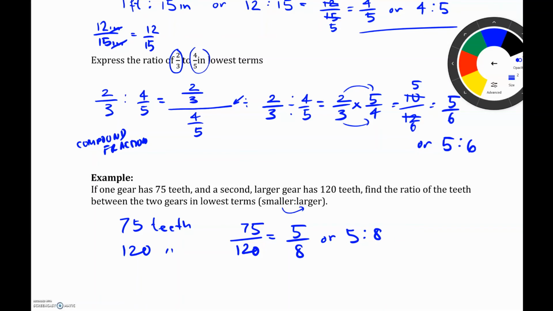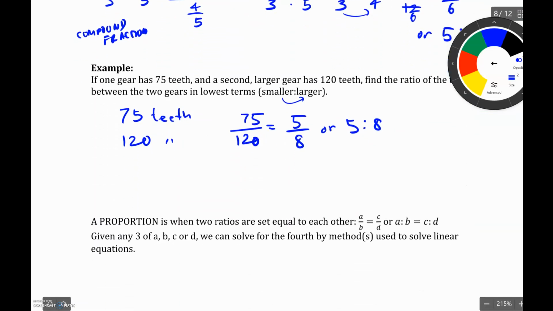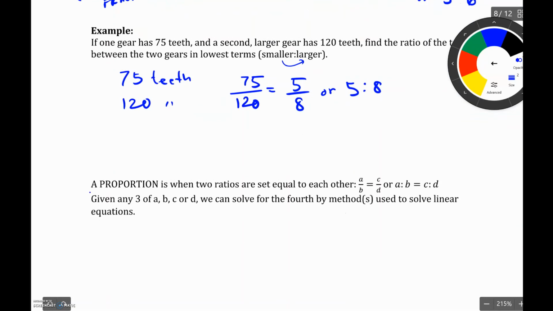All right? Now, a proportion. What is a proportion? A proportion is really an equality of two ratios. So here we have a proportion. This is a proportion because I have A over B, which is a ratio.